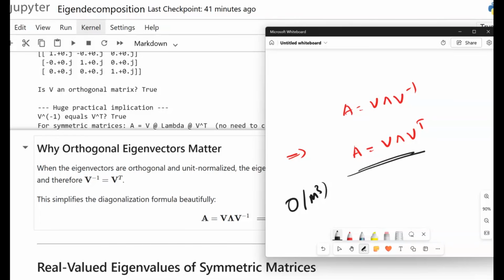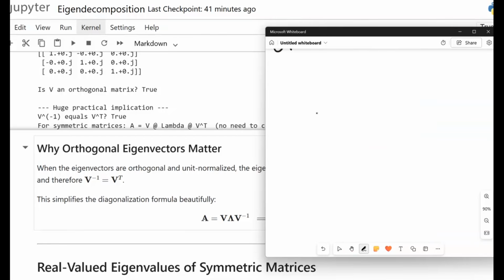This is faster, more stable, and more memory efficient. And in data science, the matrices we eigendecompose are almost always covariance matrices, which are symmetric by definition, as in C equal to X transpose multiplied by X. So this simplification applies to virtually every PCA computation you will ever run.